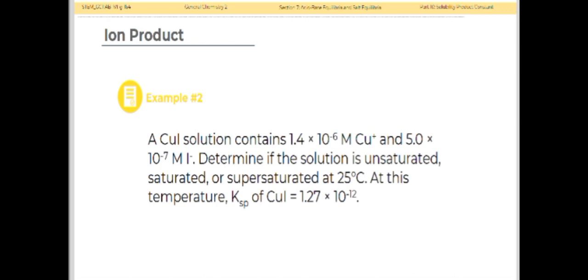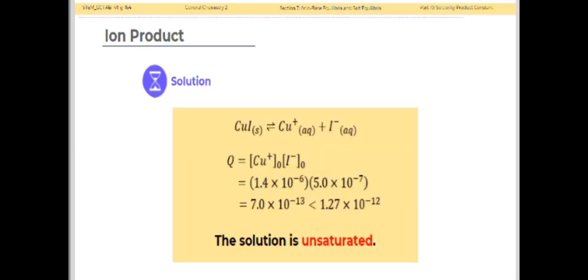Determine if the solution is unsaturated, saturated, or supersaturated at 25 degrees Celsius. At this temperature, the constant Ksp of cuprous iodide is equal to 1.27 times 10 raised to negative 12.